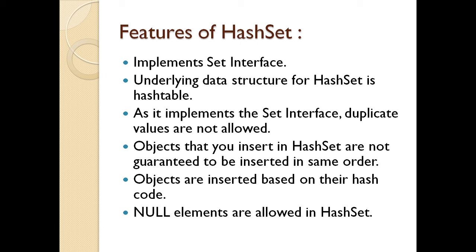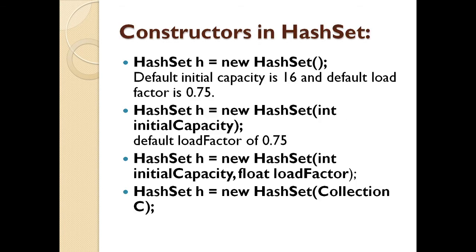Now we will see how to create a hash set. What are the constructors in hash set? Hash set can be created with the default constructor, wherein the default initial capacity is 16 and the default load factor is 0.75. It can also be constructed with new HashSet specifying the int initial capacity.